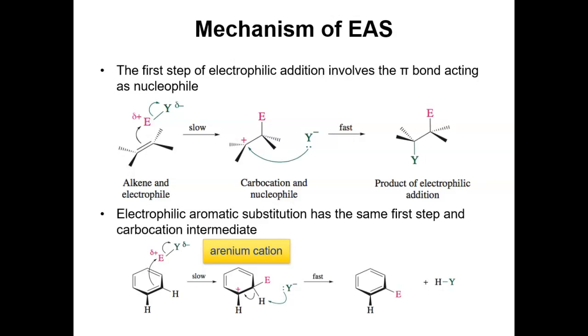Again, we're going to use a reaction mechanism you should be very familiar with from organic one, as a foundation for you to learn the new mechanism. The old mechanism we're talking about is the electrophilic addition to an alkene.